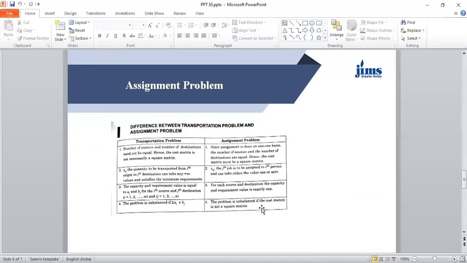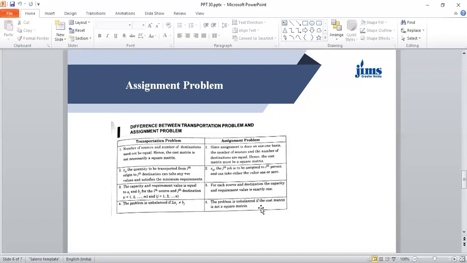Now let us sum up our discussion by considering the difference between the transportation problem and the assignment problem. In the transportation problem, the number of sources and the number of destinations need not be equal.